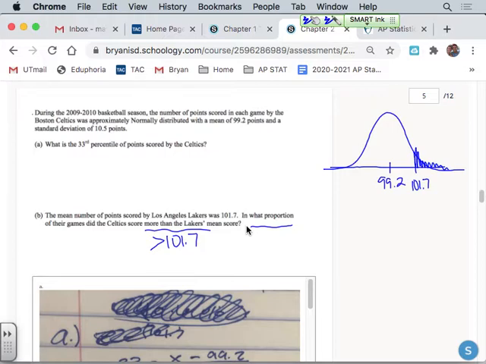It asked it in maybe a way that you could set up a picture wrong, but it was saying, of all the Celtics games, here's the Lakers, so how many of these Celtics games did they score more than the Lakers average? And here's their average at 101. So you do the z-score, and you look it up on the z-table, and then you have to do 1 minus that value because it's greater than. So a lot of steps.